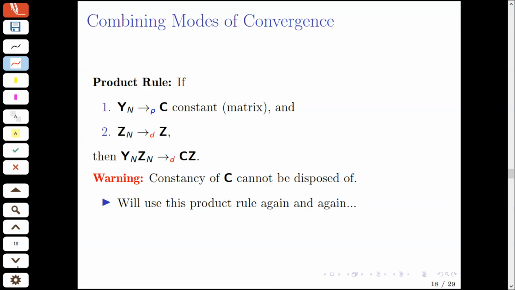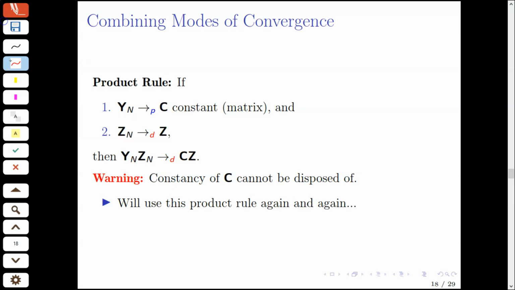So here's a neat result giving us a way of combining different modes of convergence. We'll refer to this rule or result as the product rule. The rule goes as follows.